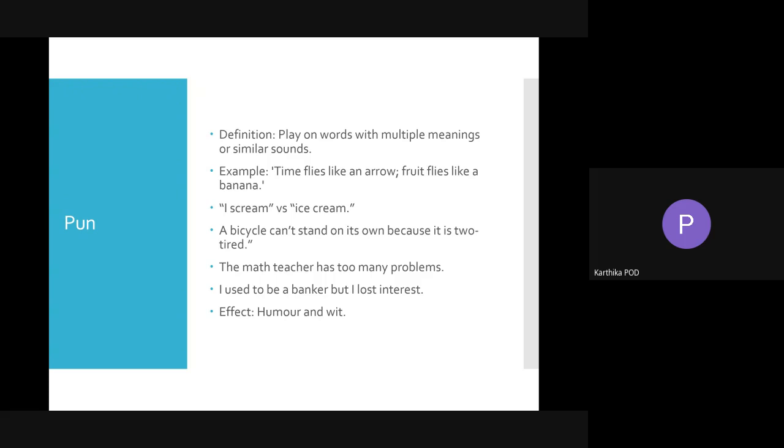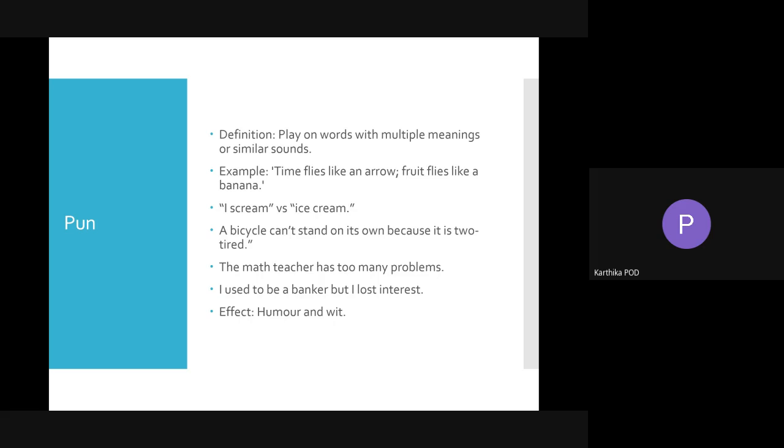Next, you have pun. Somebody had asked me, I think two classes back, what pun is. Pun is basically playing with words with multiple meanings or similar sounds, but it's not necessary that it has to make complete sense. It's just creating humor with words. Example: time flies like an arrow, fruit flies like a banana.